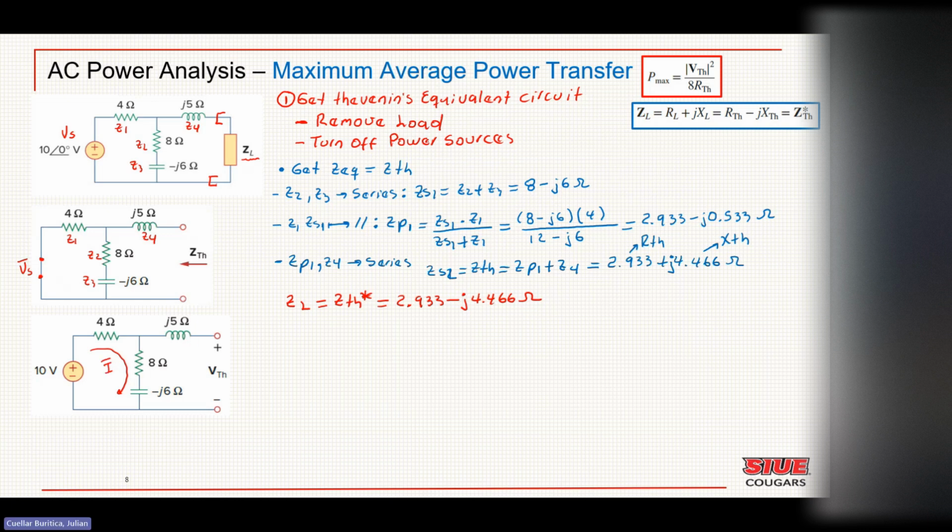What happened with this Z4? We know that this one is ZS1. Are we going to consider C4 for computing the Thevenin voltage or not? Yes. No. Why?